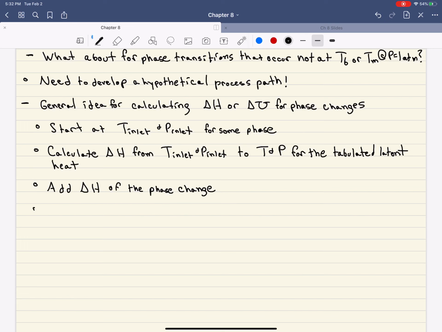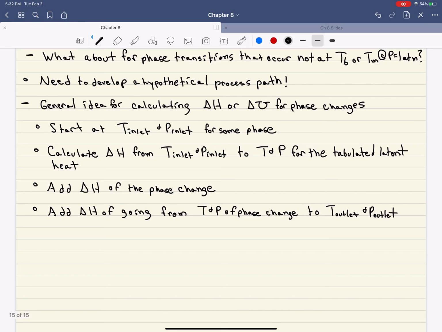Once you phase change, then you're going to add the delta H of going from the tabulated conditions to whatever the outlet conditions are or the final conditions are.